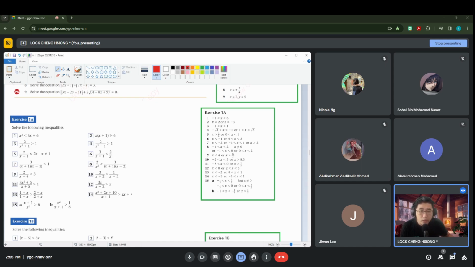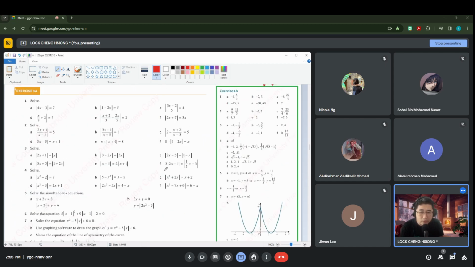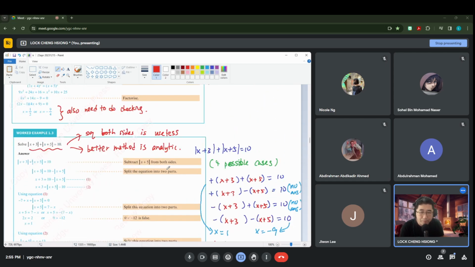The only thing for inequality is that you just need to remember that the denominator cannot equal 0. Therefore, for example, there's an x plus 1 here, so x cannot equal minus 1. There's an x here, so x cannot equal 0. Because both of these will make the bottom go to 0. Those are the things that you need to remember.